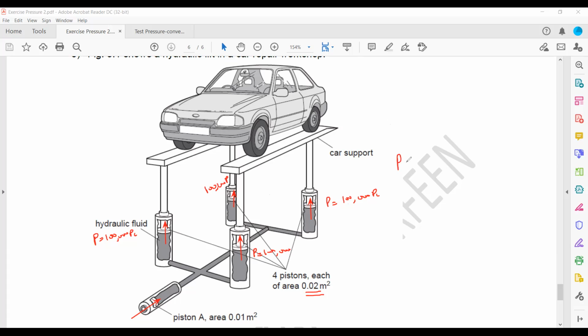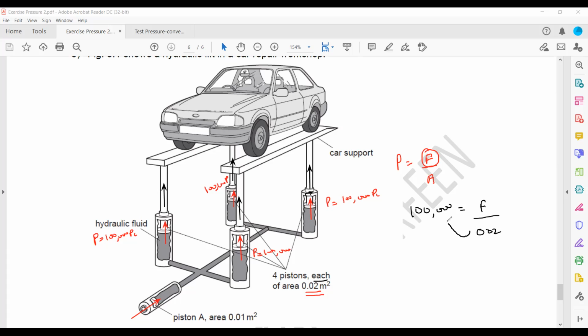We have the formula, pressure is force divided by area. We need the force because we need the total upward force. Each piston will apply the same upward force, as the pressure is the same and they all have the same area. Pressure is 100,000, force we don't know, and the area of one is 0.02.